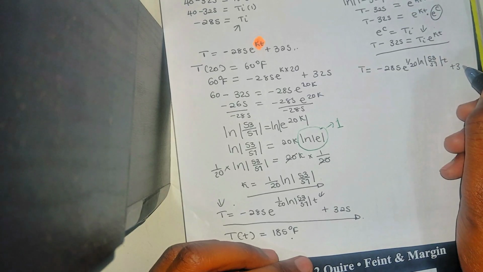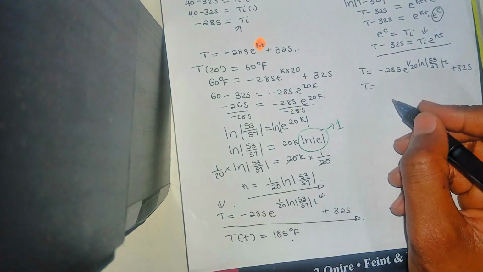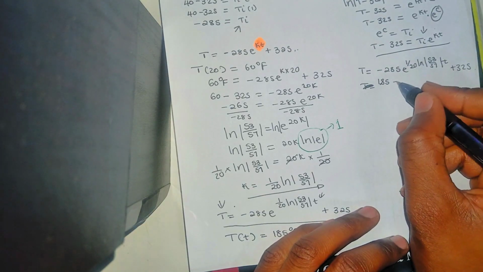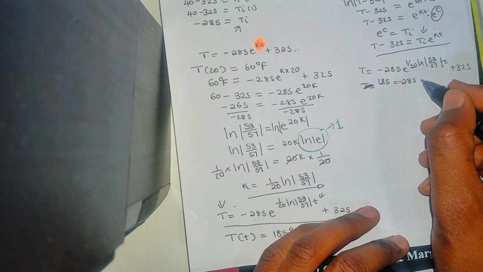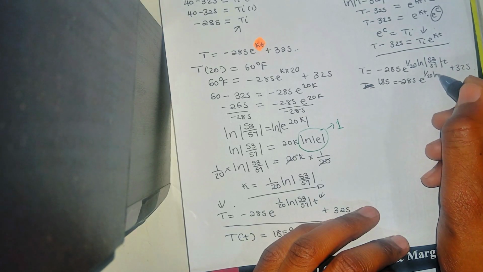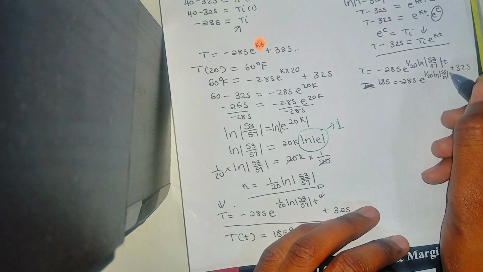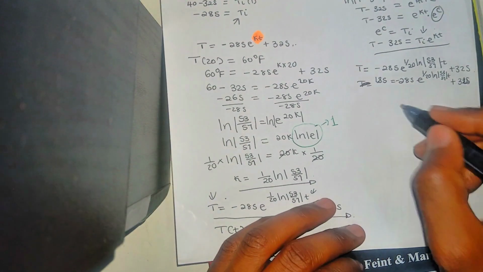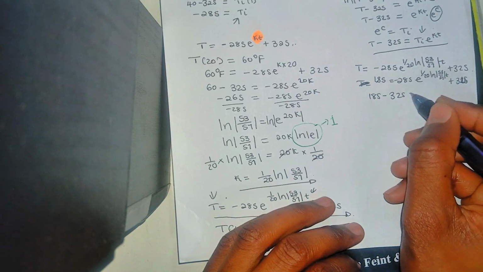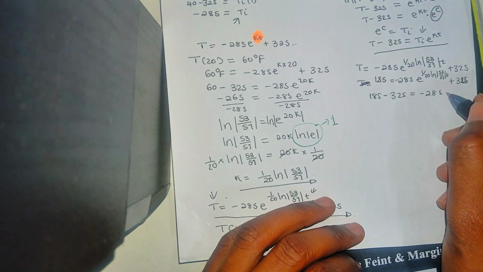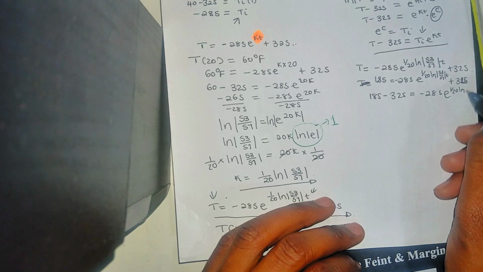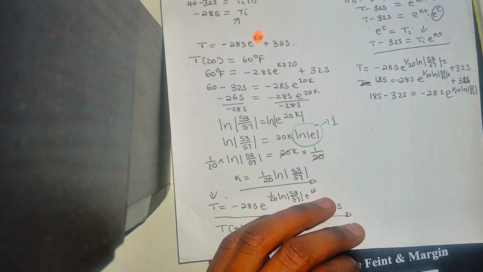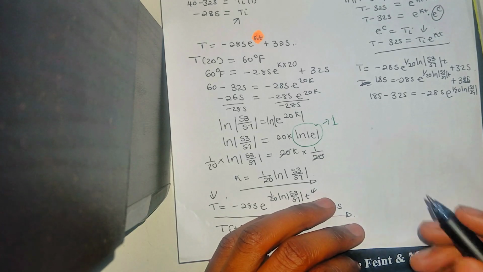Then plus 325. Now, we just have to put 185 is equal to negative 285 e to the power 1 over 20 ln 53 over 57, plus 325. Take this to that side: 185 minus 325 is equal to negative 140.